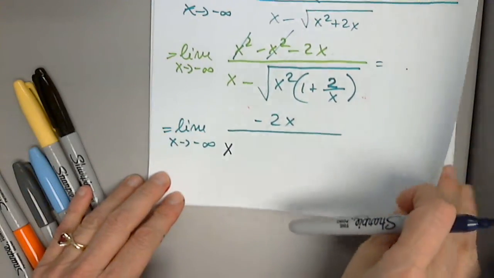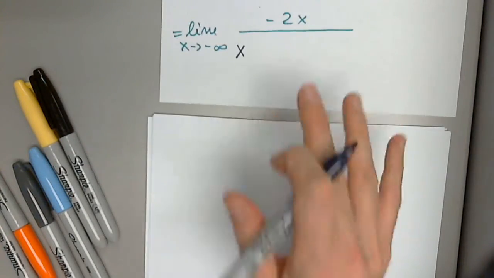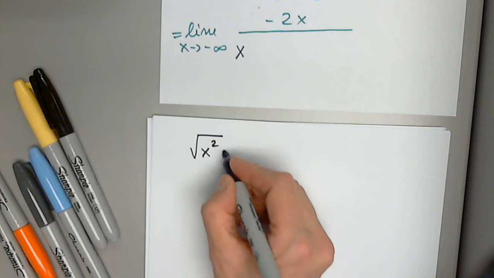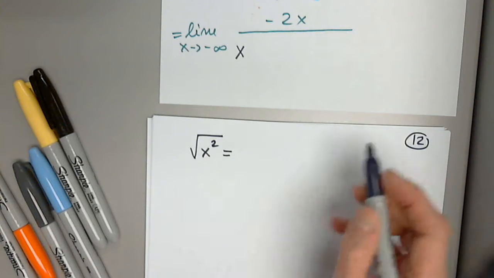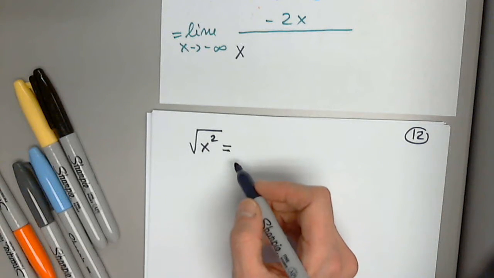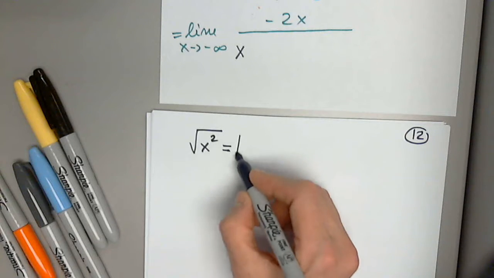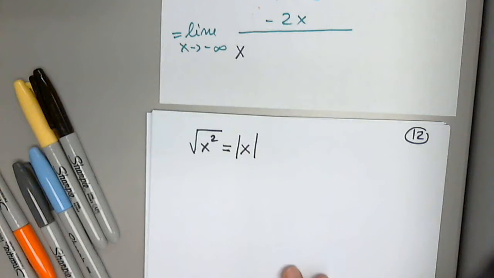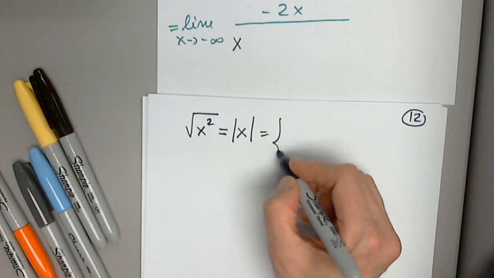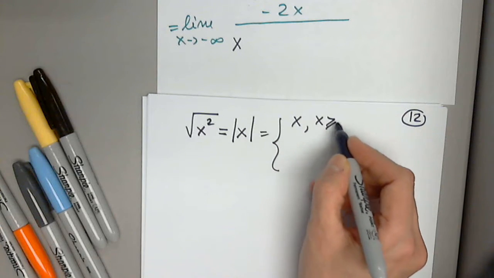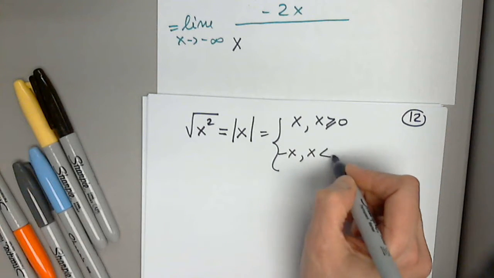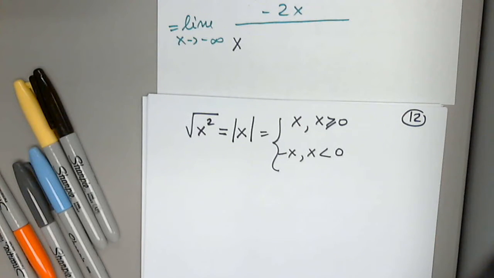So let's talk about it. I'll come back. The square root of x squared. What do we know about this? It's exactly the absolute value of x. Please be careful. Which means x if x is positive or negative x if x is negative. Very careful.